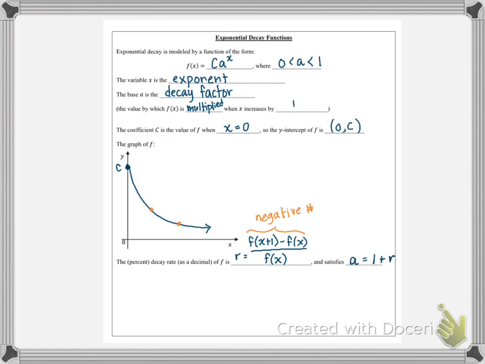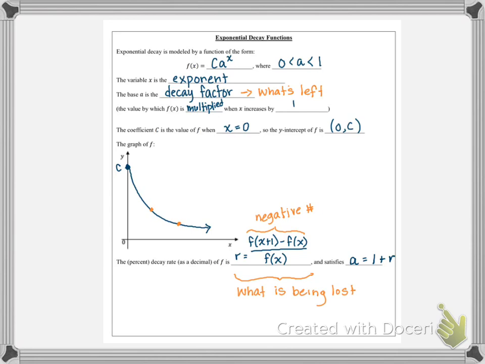So in terms of decay, I usually think of the percent decay rate as what is being lost, whereas my decay factor is what's left. So if the value of my car decreases by 10% every month, then my percent decay rate is negative 0.1.